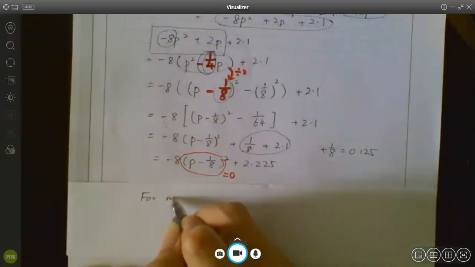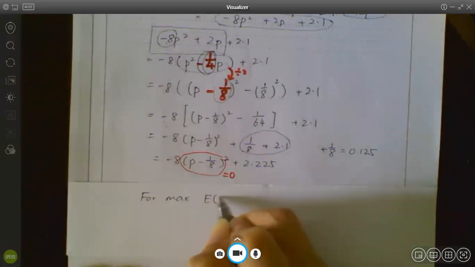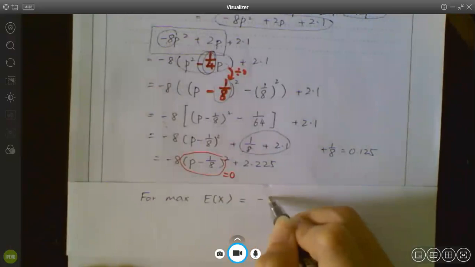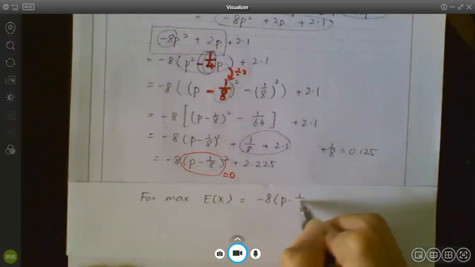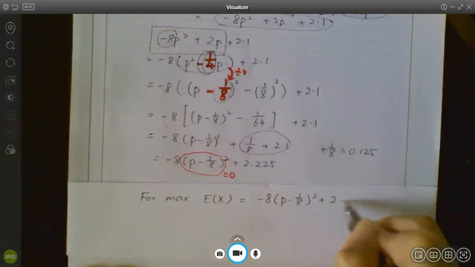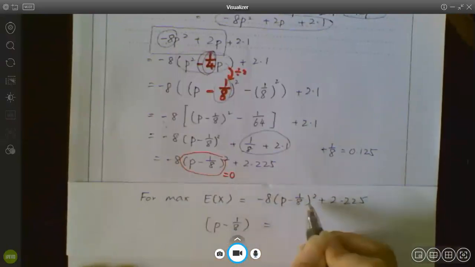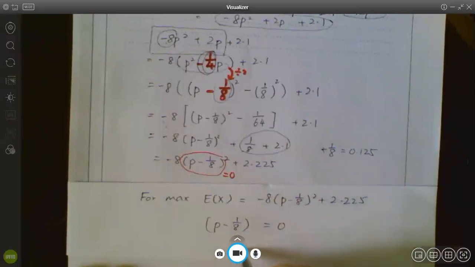Okay, for maximum E(X), and E(X) is this expression, you need to subtract the least, which means you need to let this part be 0 without the square. And you can simply solve this and say that P is 1/8.